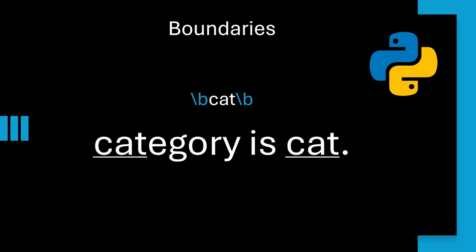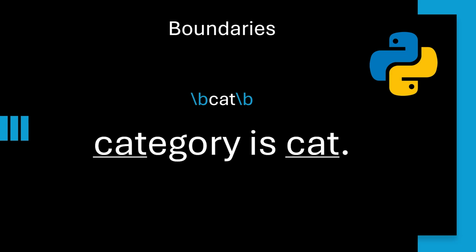It marks a word boundary, like the start or end of a word, typically where a word character, like a letter, meets a non-word character like a space or punctuation. The opposite of it, uppercase \B, marks a non-word boundary, meaning inside a word where word characters are adjacent.